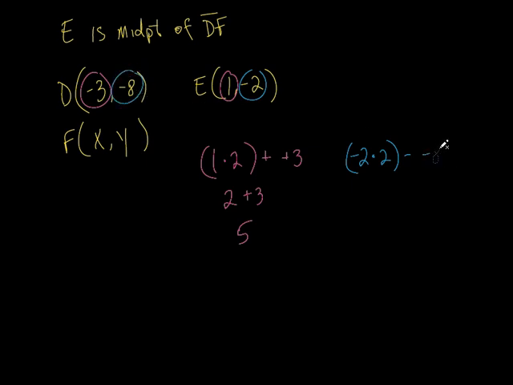Right, minus -8. All right, so you take the midpoint, you double it, and you take away that x part from it. Take the y of the midpoint, double it, and take the y part away from that. All right, so that's -4. What's minus a negative? Positive, so that's a +8. What's -4 plus 8? It's 4.